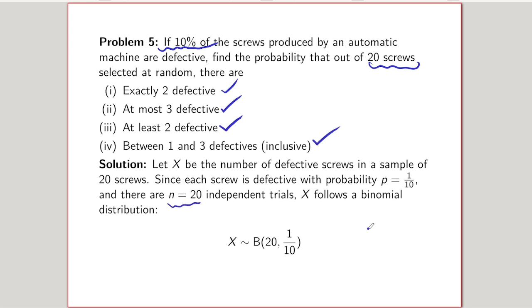So clearly it is given as n is equal to 20, and p value is 10% means we can write it as 10 by 100, which will be equal to 1 by 10, and q value will be, clearly, 9 by 10, or we can write this as 0.1, or this can be written as 0.9. For calculation purposes, it is easy to keep the fraction as it is.